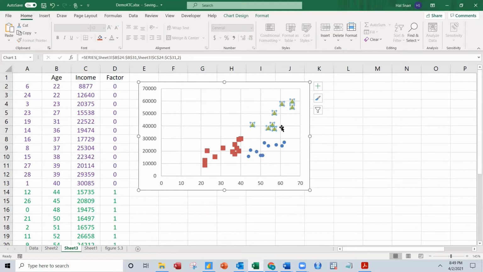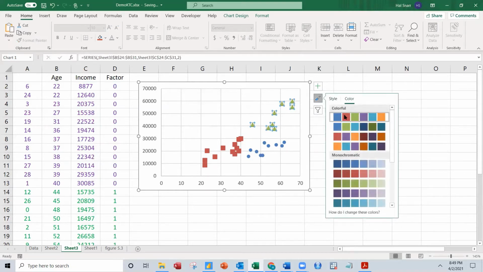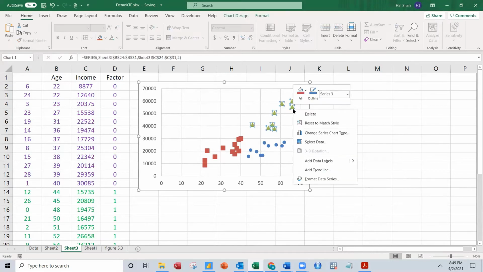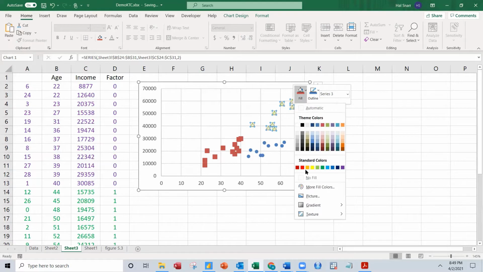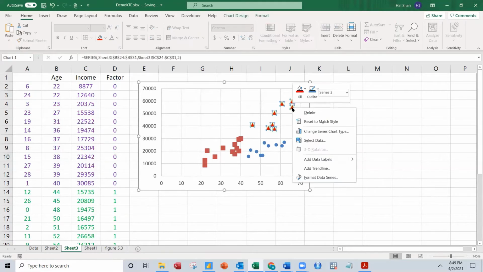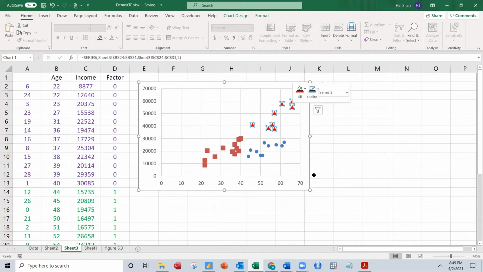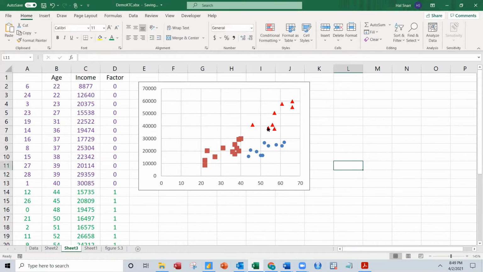I'm going to change this to red by clicking on that. I wonder if I can change it to red. Oh, man. Okay. Right click. Oh, there you go. Right click, fill, and then change it to red. And get rid of the outline. No outline. You can change it to a circle too, but we're not going to do that, or a square.